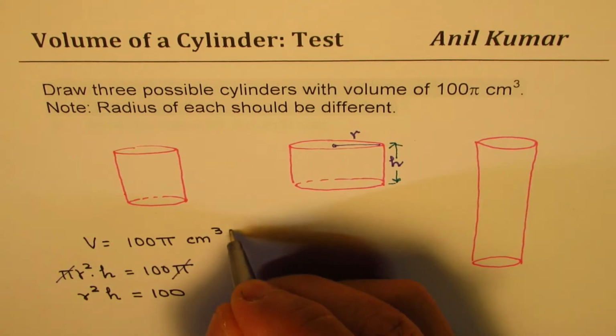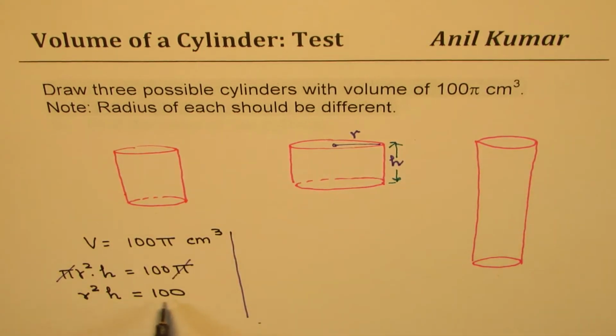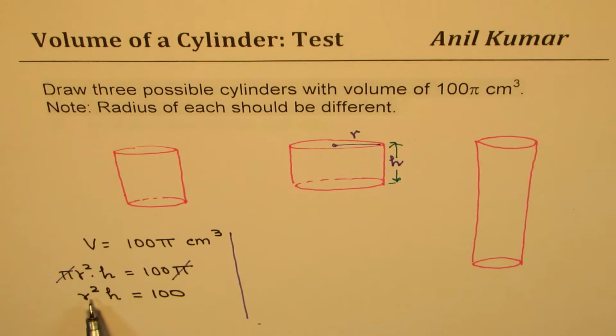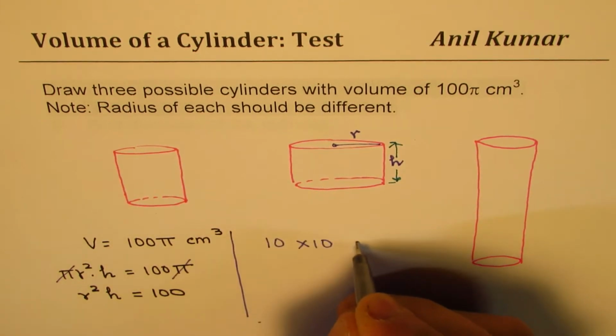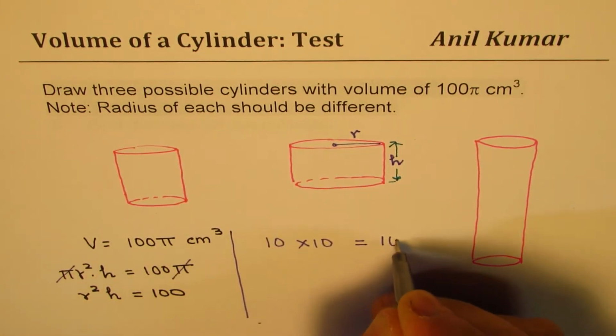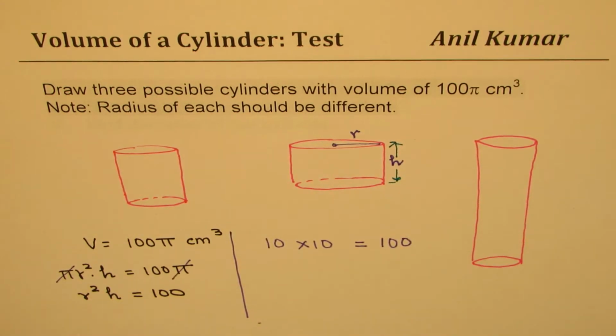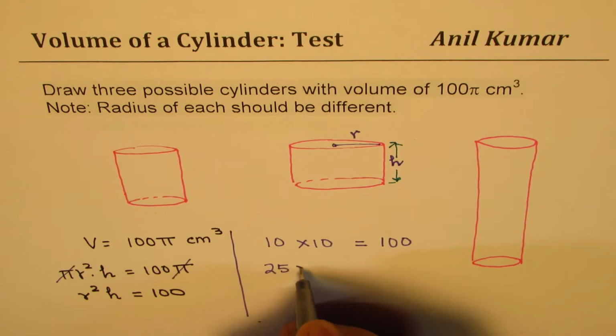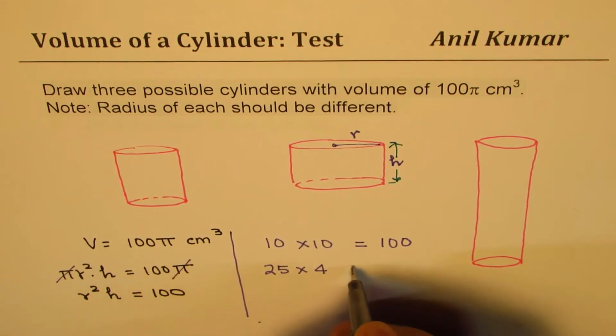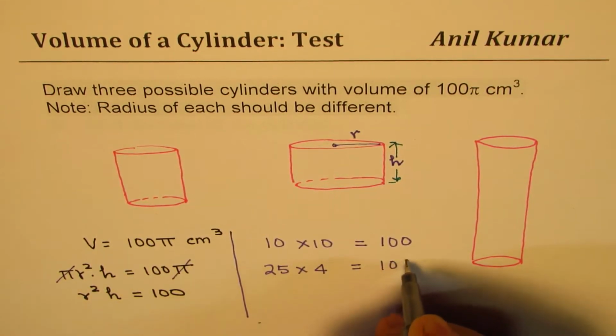You're looking for two numbers whose product is 100, and one of them is the square of a number, the other one is just like that. For example, you can say 10 times 10 is equal to 100. That could be one thing, correct? You could say 25 times 4 is 100.